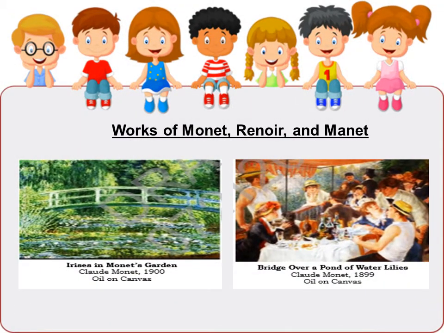The pictures on your screen show examples of the works of Monet, Renoir, and Manet. First, we have Irises in Monet's Garden by Claude Monet in the 1900s, oil on canvas. Second, we have The Bridge Over a Pond of Water Lilies by Claude Monet in 1899, oil on canvas.